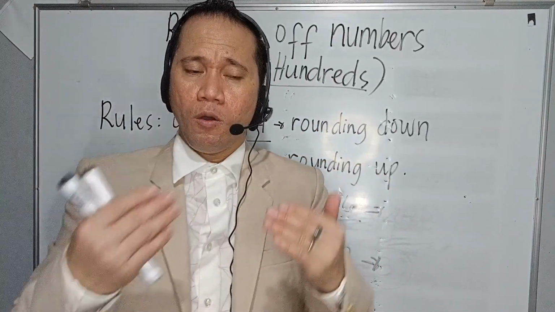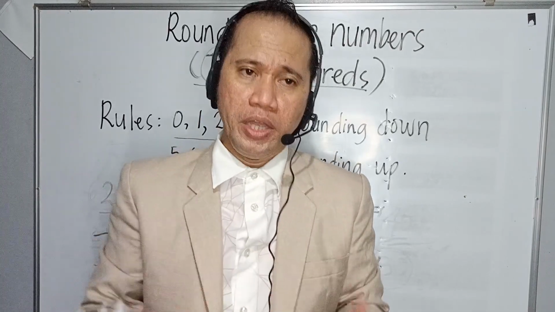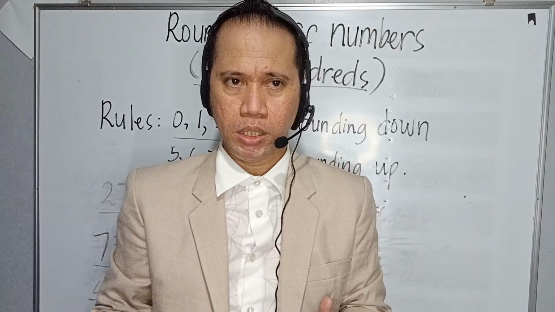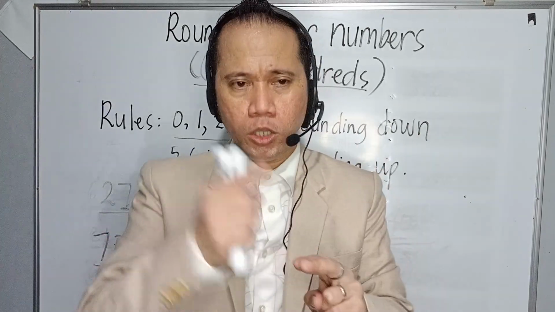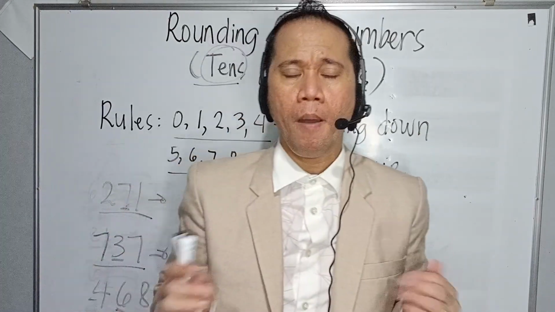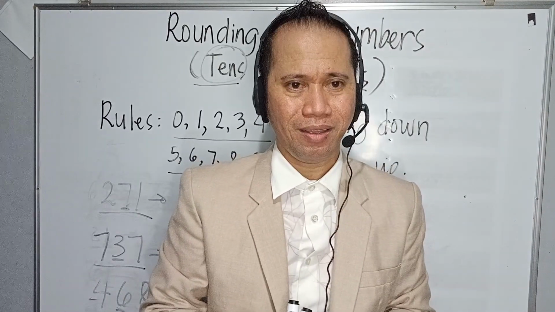Once you check the tens place value, it's easy for you to round off the number to the nearest hundreds. And take note, you're going to add 1, and then automatically the two numbers become 0. By that technique, you can answer properly and quickly.